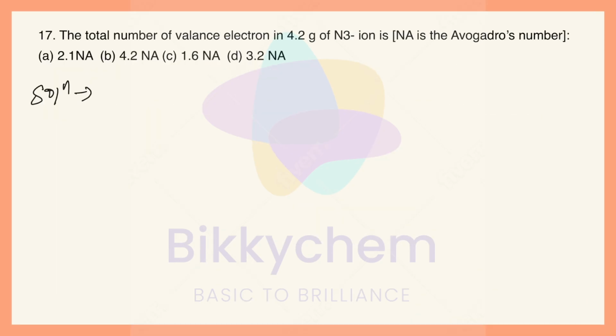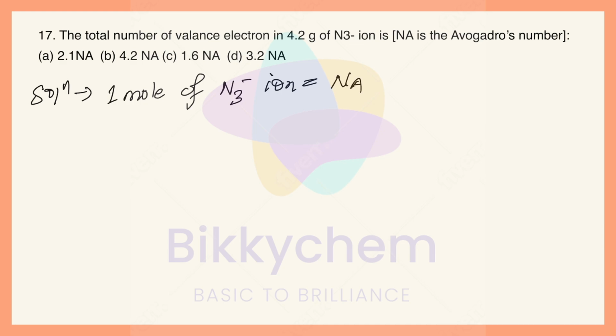Okay, let us see another question, a very interesting question. We need to find out the total number of valence electrons in 4.2 gram of N3 minus ion. We know that 1 mole of N3 minus ion is equal to Na.